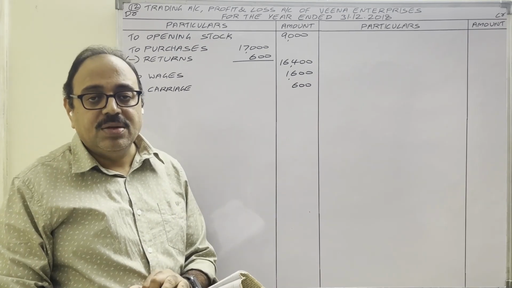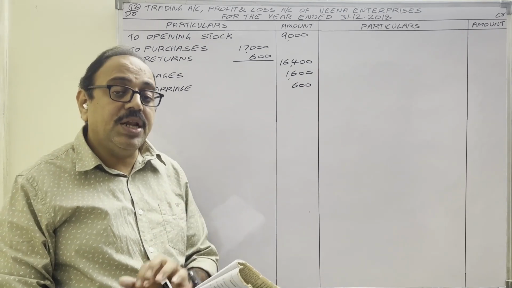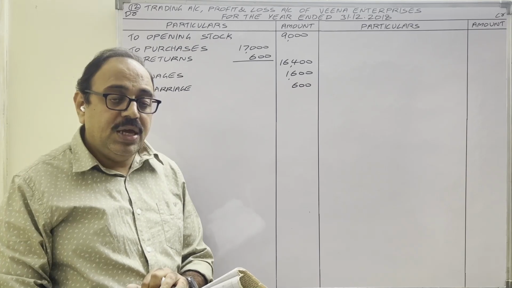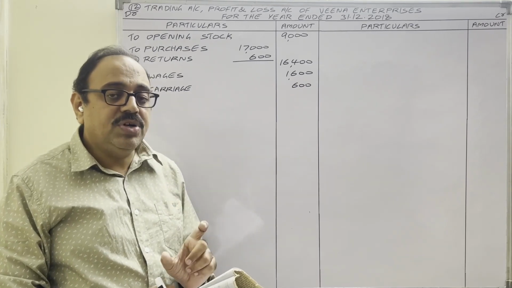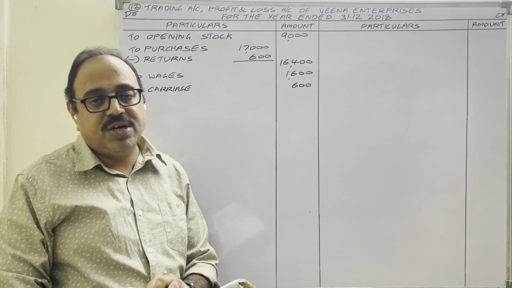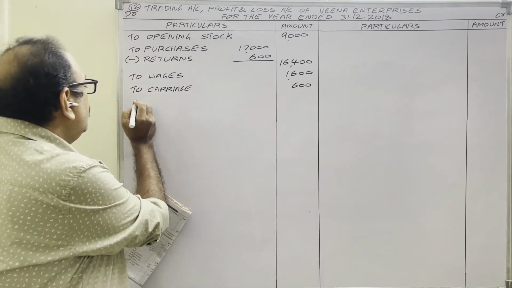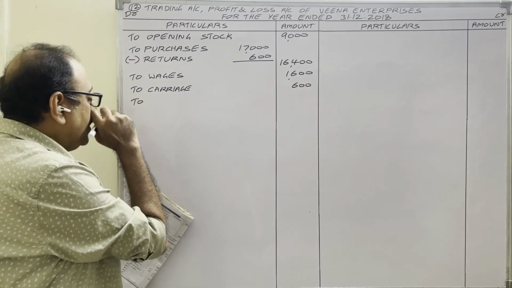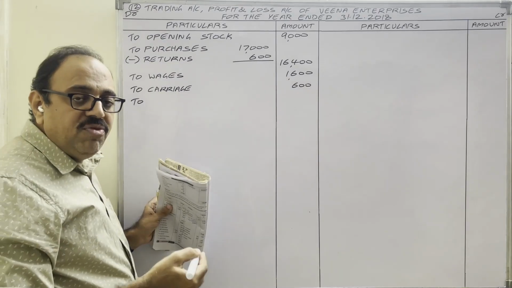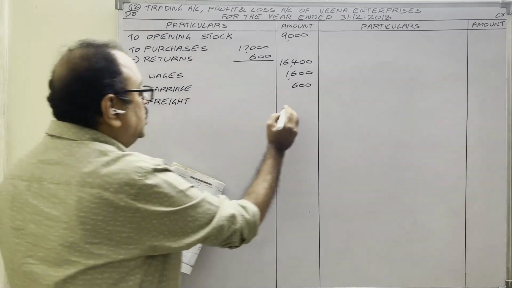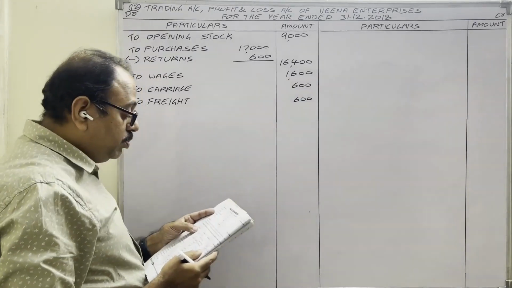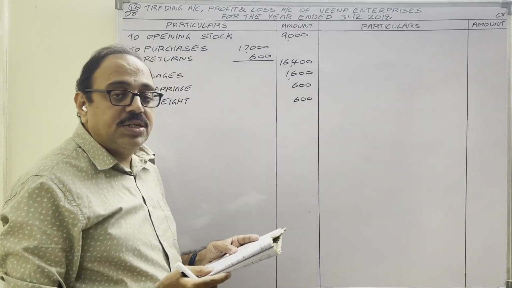In that case, if we incur any transport expenditure, instead of the word carriage it is better to use freight. So freight is also direct expenditure, because only after bringing the goods do we manufacture them. 600 rupees. Furniture, speed post charges, machinery, legal charges.